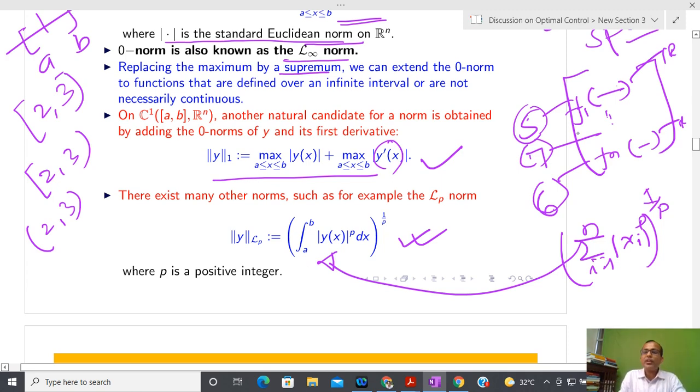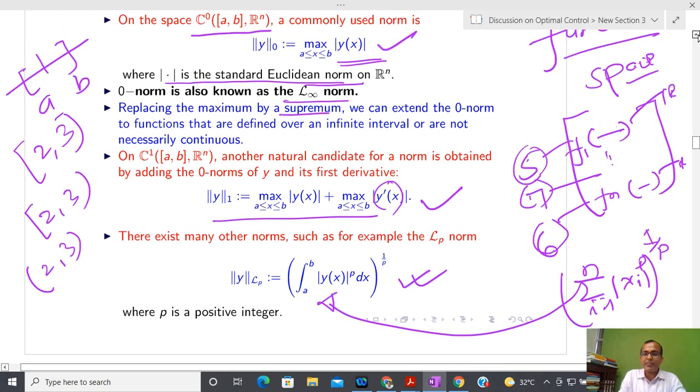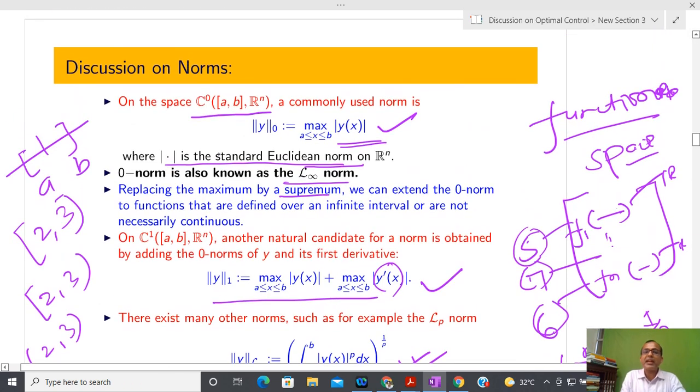If you see optimization problems, most of the time we define either the zero norm or the one norm, and as the space we consider this space or this space. Every function in this space is continuous. In this space, the functions are one time continuously differentiable. Anyone has confusion?